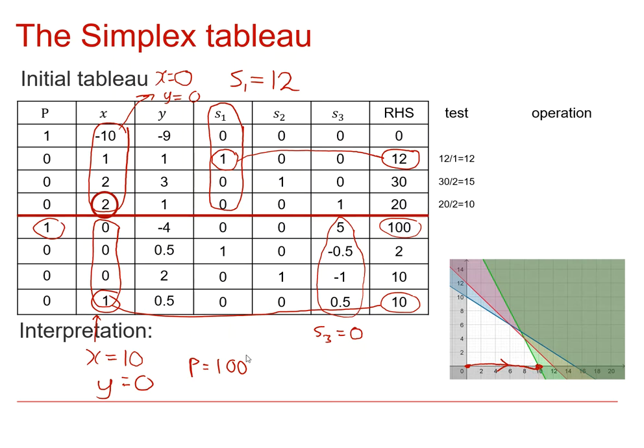It would increase the value of the objective function from 0 to 100, and because we are at the intersection of two lines, one of those lines being y equals 0, that means that one of our slack variables is equal to 0. Alright, so that is the way that we can think about what's happening graphically as we, at least at the start of this simplex process.